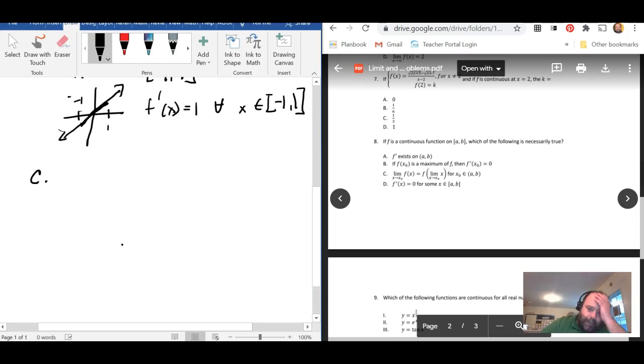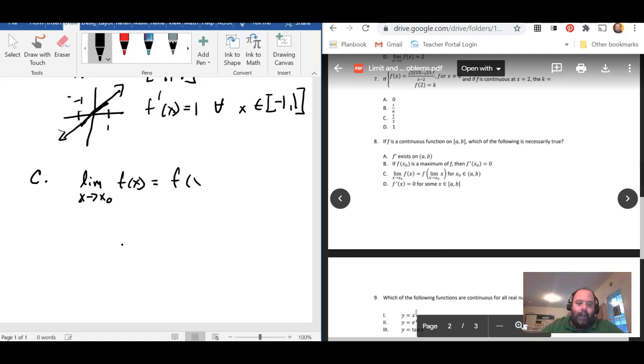Well, C works because this is what continuity says, right? Continuity says that the limit as x approaches x null of f of x should equal f of x null. Well, think about this.